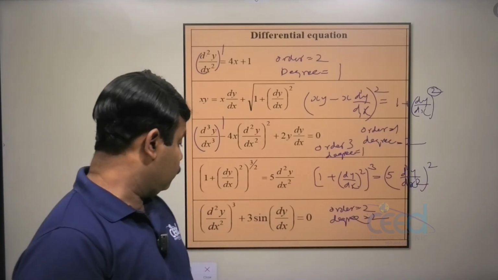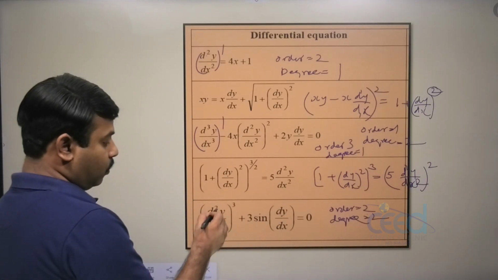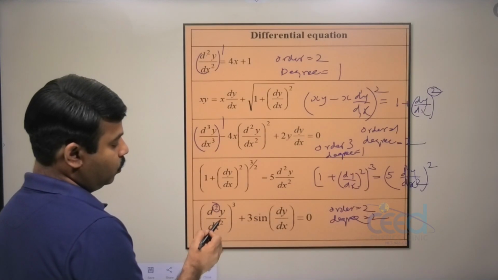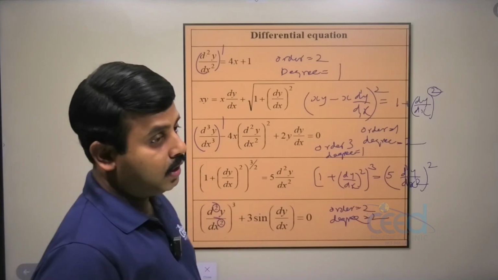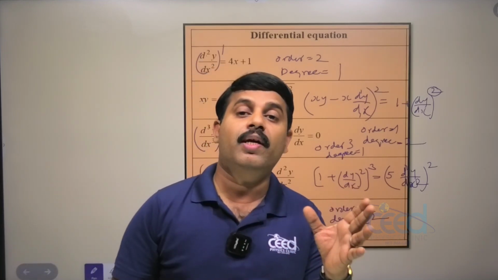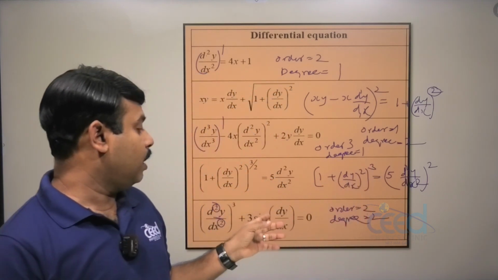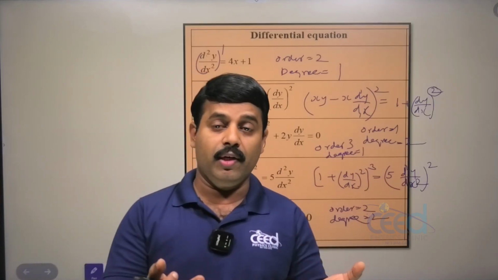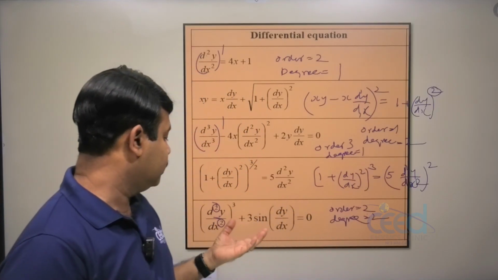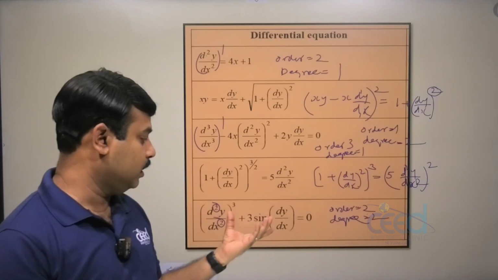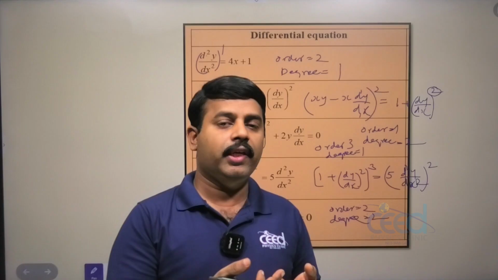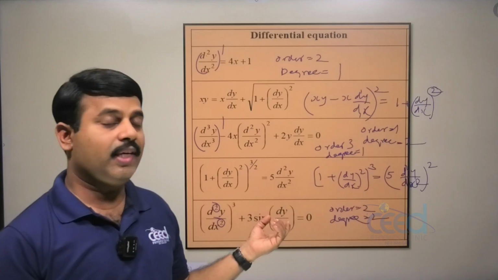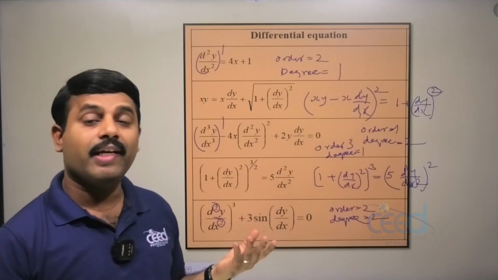Another term is d square y by dx square whole cube plus 3 dy by dx. The highest differential is 2. But there is a condition: if a sine or cosine trigonometric function comes in the equation with the variable as its angle, that is y, since it is a differential equation in y only, then if the variable y or dy by dx comes as the angle of any trigonometric function, the degree is not defined.